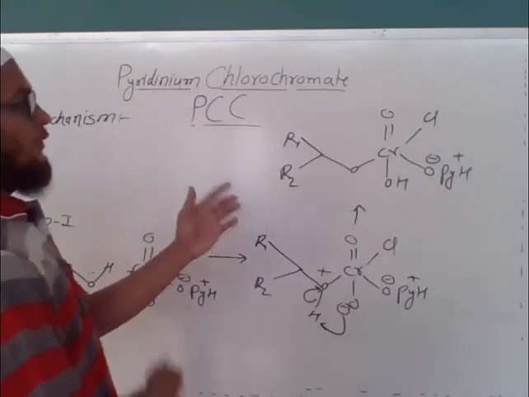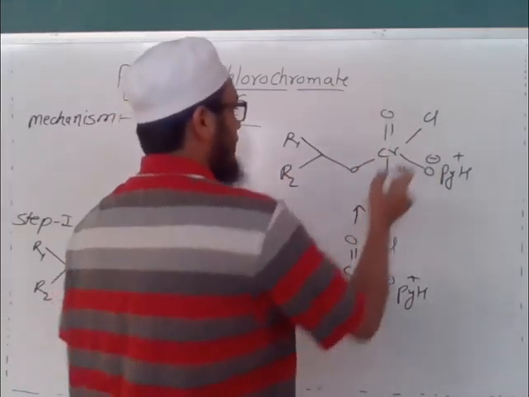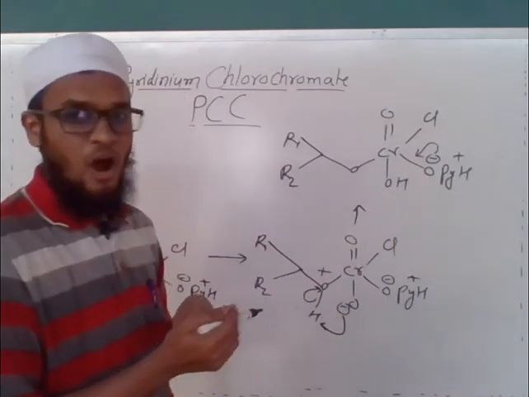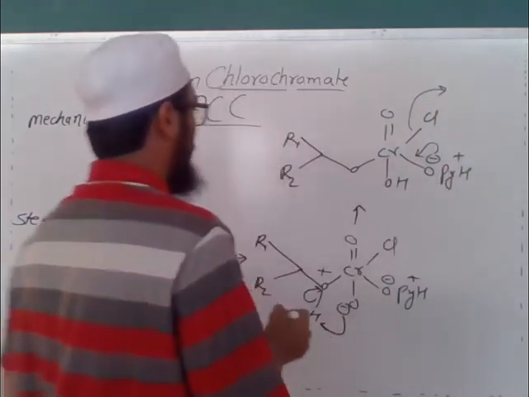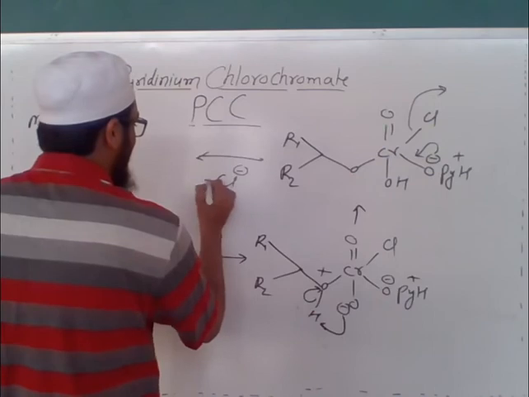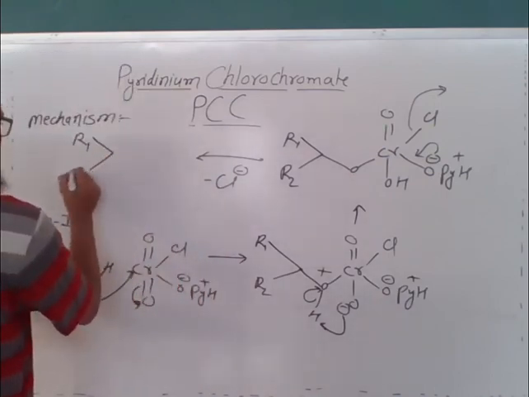In the next step, what will happen? It is our base, leaving group. So this oxygen electron will turn towards the chromium oxygen double bond, and this chloride as a leaving group will be removed from the reaction mixture. This free chloride ion will remain in the mixture.